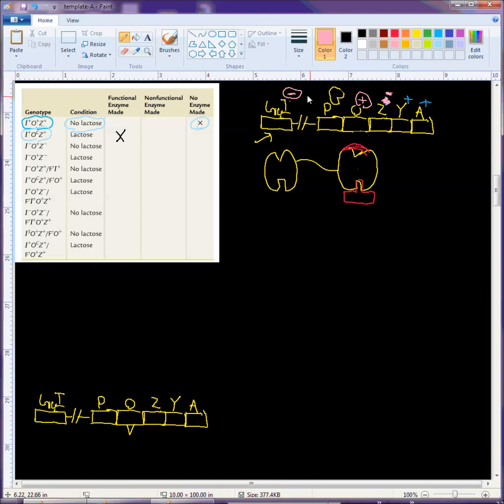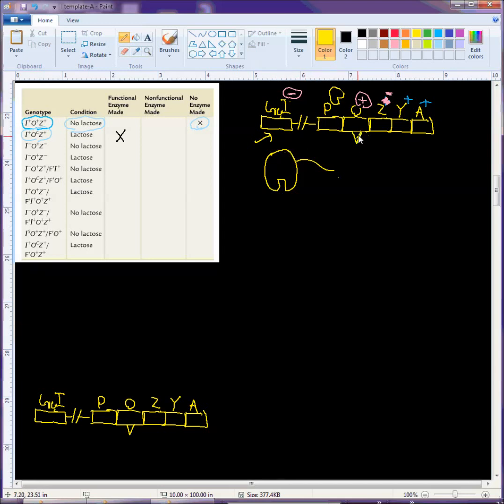So what's going to happen? Well, lac I minus, I should erase this too, right? So we have the lac I minus mutation, which means this site right here is mutated, so it can never bind the operator.